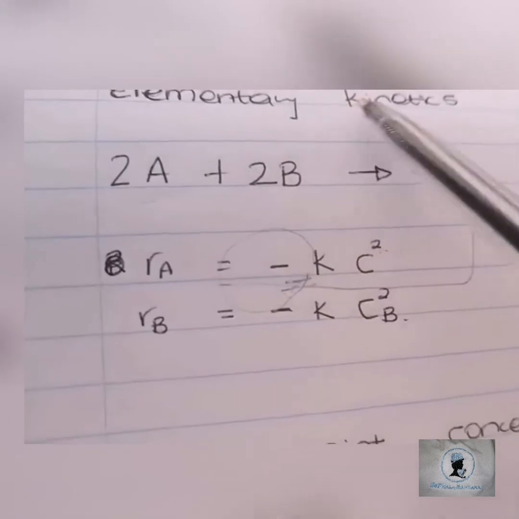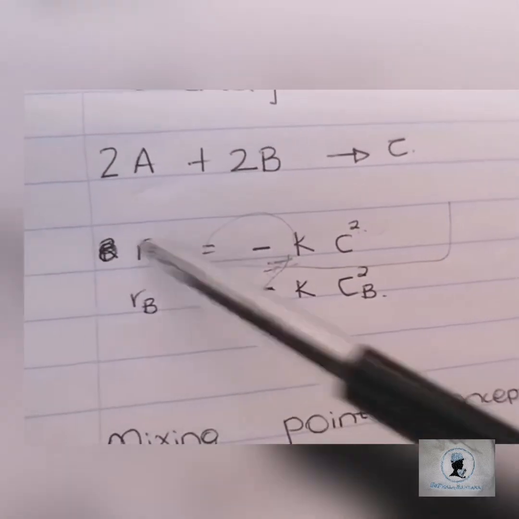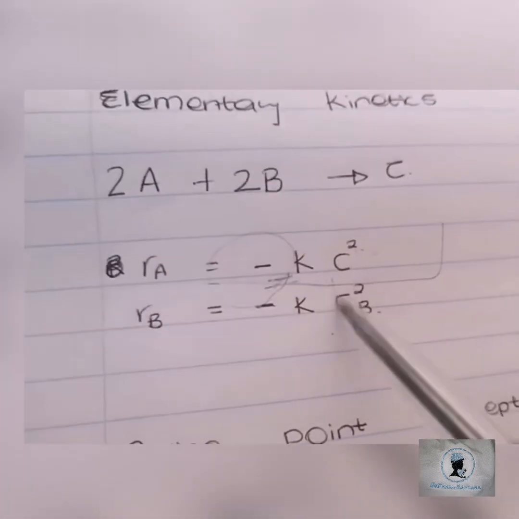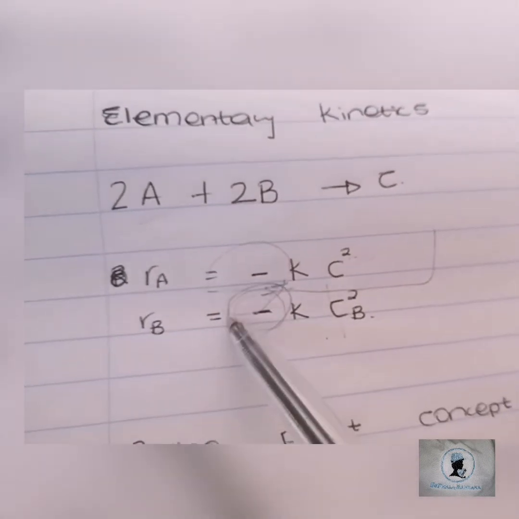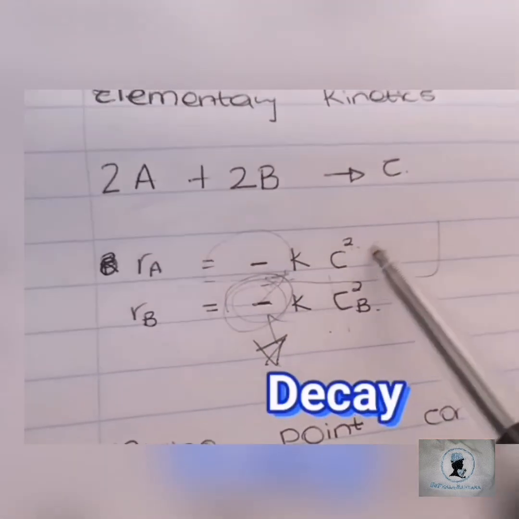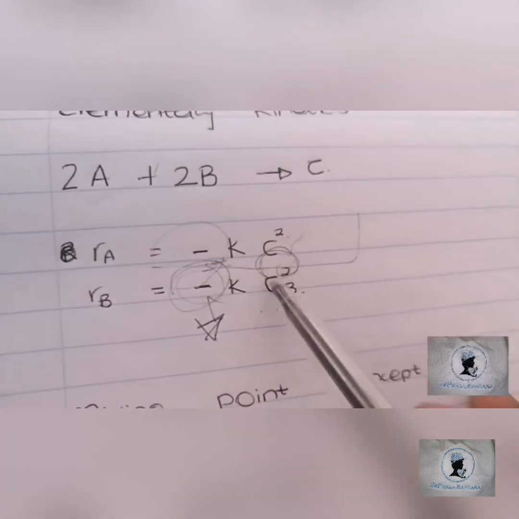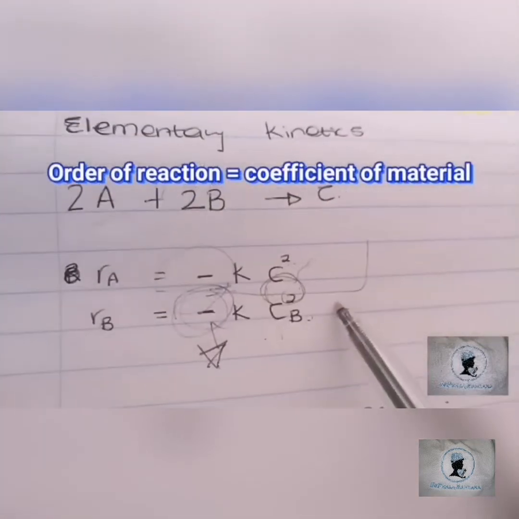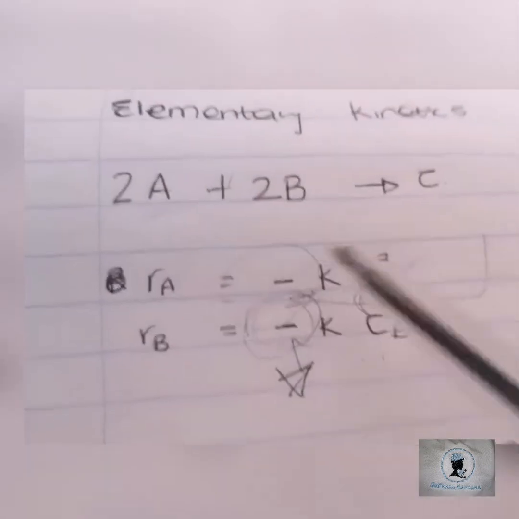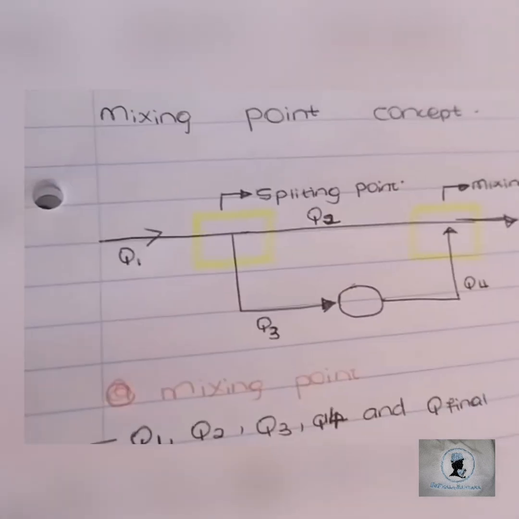Same thing happens to B, so we have 2B, meaning that the reaction rate of B is going to be minus K. This one shows that it's a decay, and this one shows us that the coefficient of B is 2, so the order of the reaction is 2. So that's the trick behind having an equation like this. I will find a question so that I can do the example with you guys.